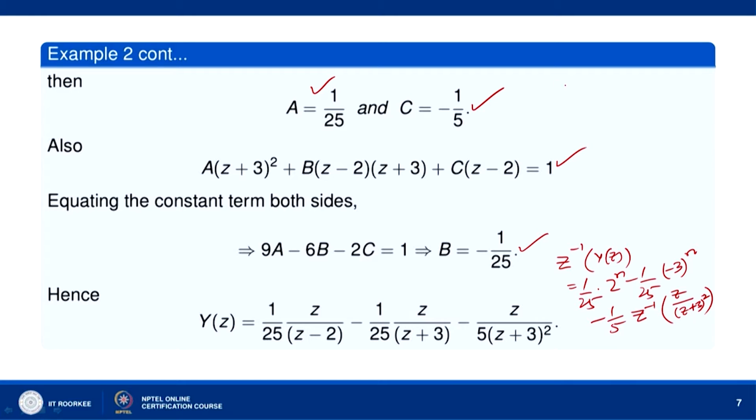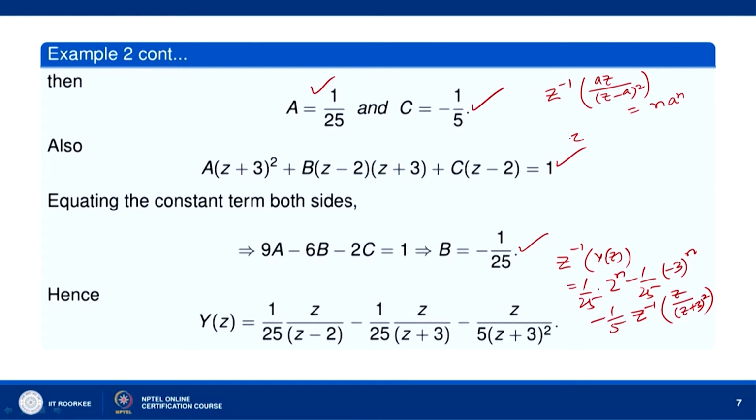Now, we know that z inverse of a z over z minus a whole square is equal to n times a to the power n. If you take a equal to minus 3, then if you have minus 3 z upon z plus 3 whole square, you can write directly n times minus 3 to the power n, but here we have z only.